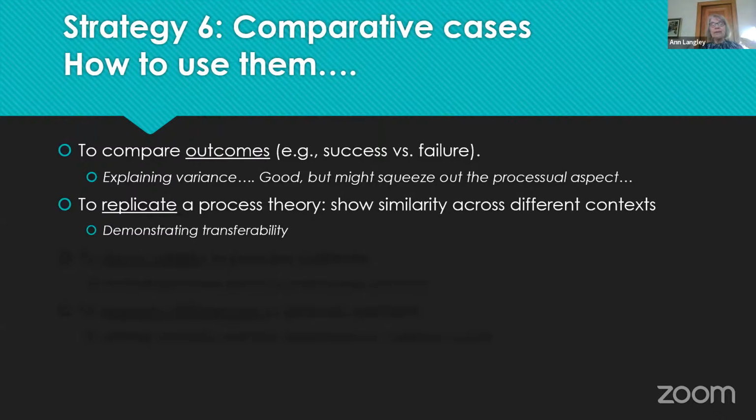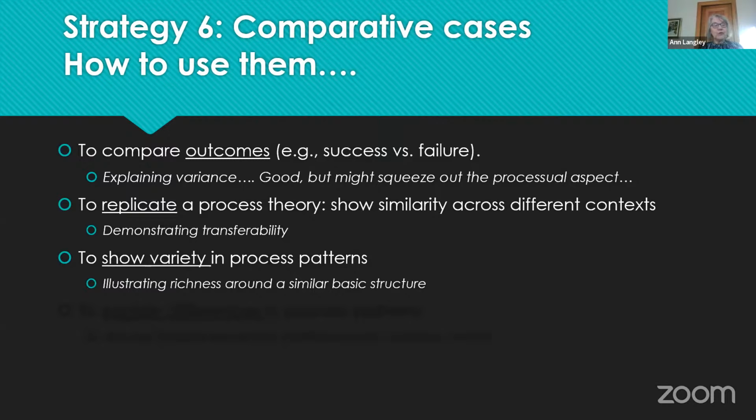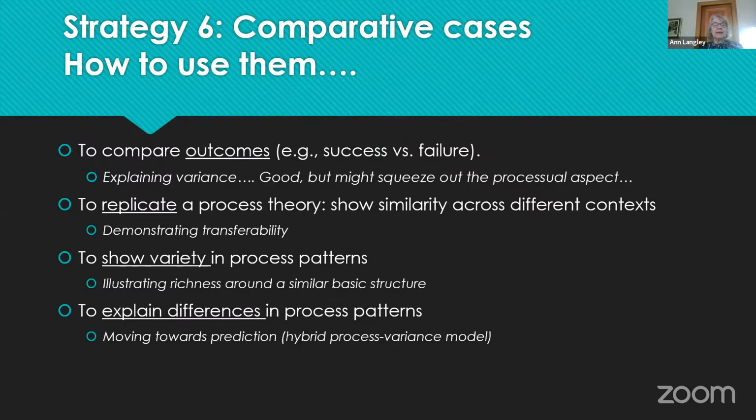And if you do that, then you're demonstrating that the process that you're looking at is not just in one case, but several. And so that can be helpful as well. You can use comparing cases to show variety. You can illustrate richness around a similar structure.